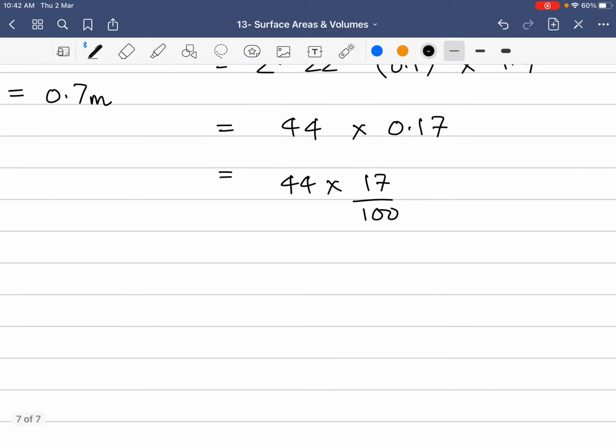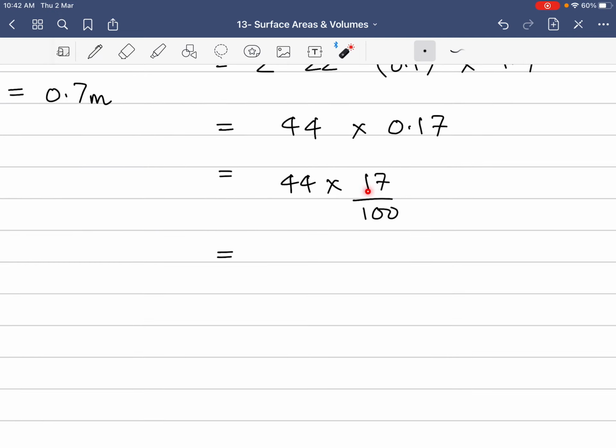So let's do this multiplication. 17 fours are 68, so 8, 6 carry, and once again 17 fours are 68 plus 6, that's going to be equal to 74. So that's 748 divided by 100, that's going to be 7.48.